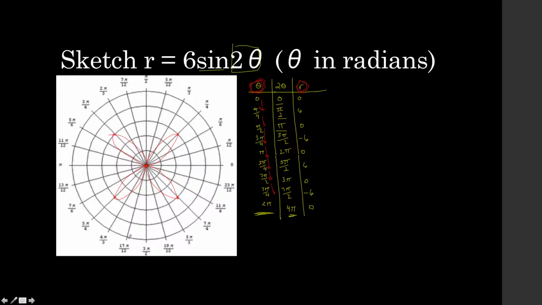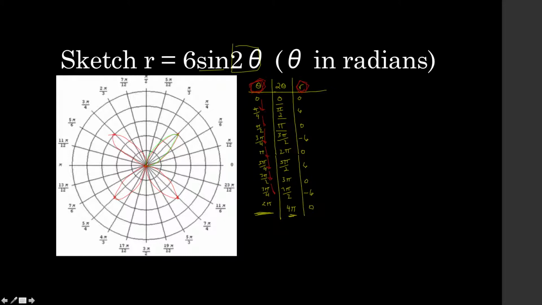There's a good example of this in your book. So let me go over it one more time, just for sake of making sure you know. From 0 to pi over 4, we're increasing. From pi over 4 to pi over 2, which is right here, we're decreasing. So that's where that connection is made.